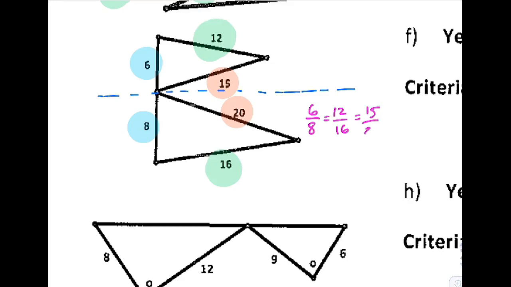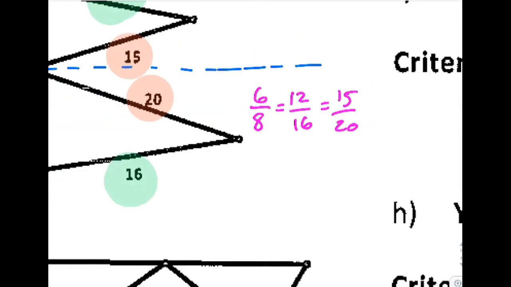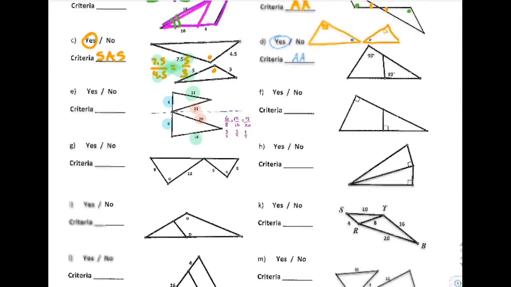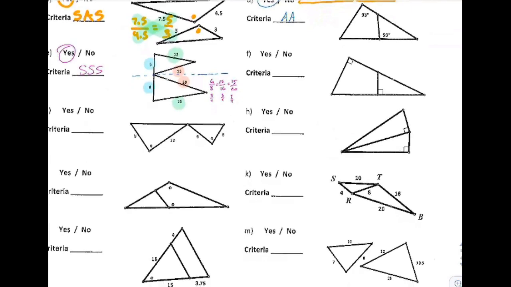Is that the same thing as 15 over 20? They all reduce to 3/4. So since you can cross multiply any pair and you're going to get the same cross product, but if you notice that they all reduce to 3/4, they all have the same scale factor. So this is a yes by way of side, side, side.